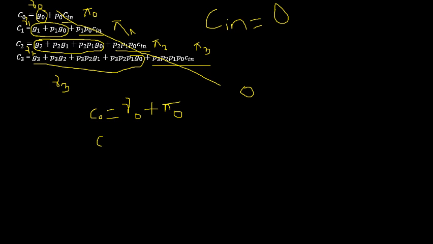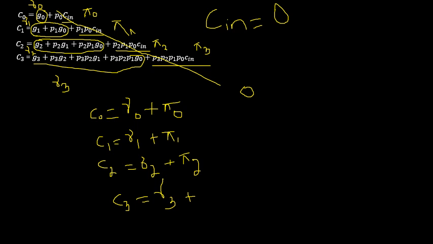Similarly, C1 is equal to gamma 1 plus pi 1, C2 is equal to gamma 2 plus pi 2, and lastly C3 is equal to gamma 3 plus pi 3.